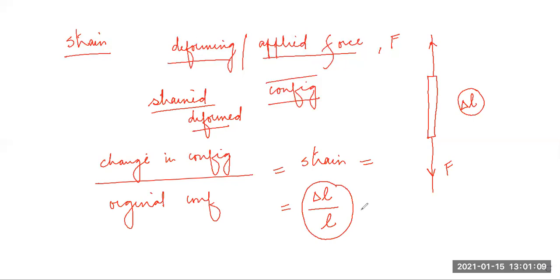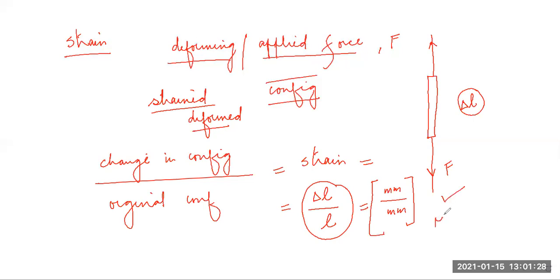So what will be unit of strain? Change in configuration may be in mm, original length also in mm. So some foreign books define unit of strain as mm by mm. But then even if you say it is dimensionless, that's fine.